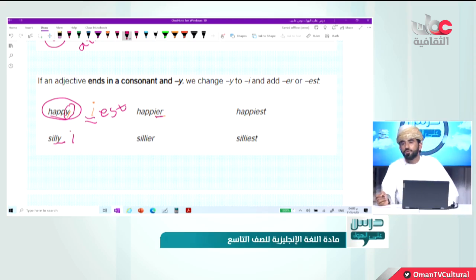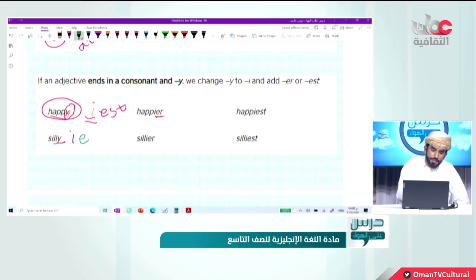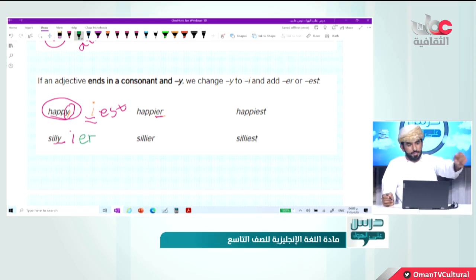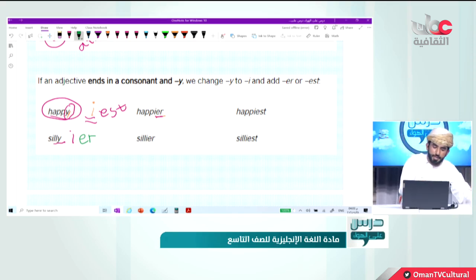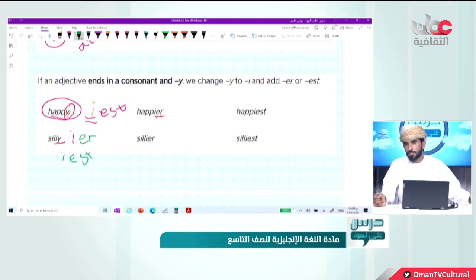And then what should we do? We add ER, very good. What about the superlative, group C and B? Exactly, yes. Again, the same. Replace the Y with I, and then EST. Very good. Have you got it?